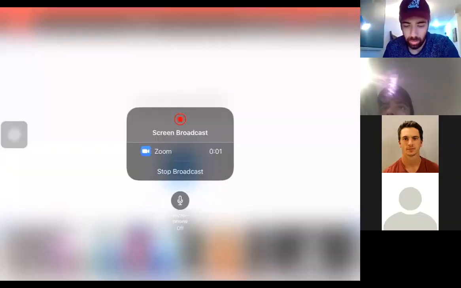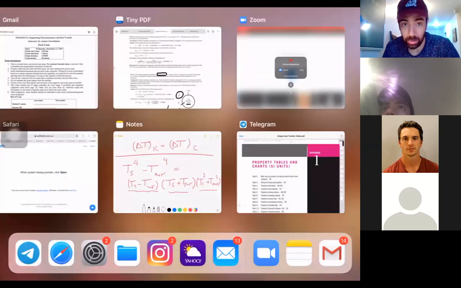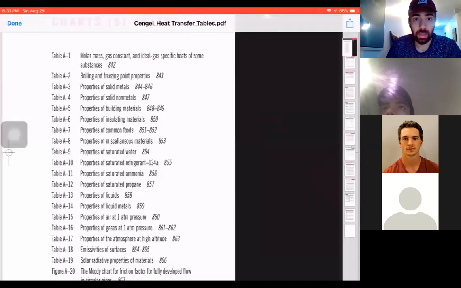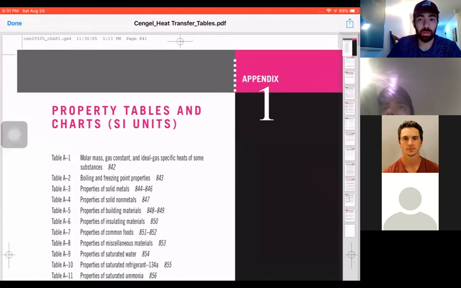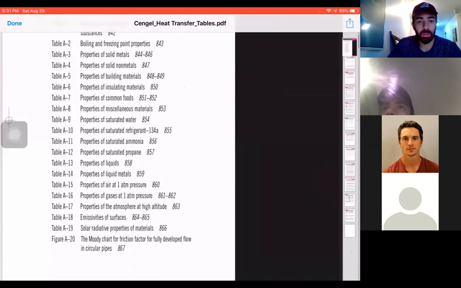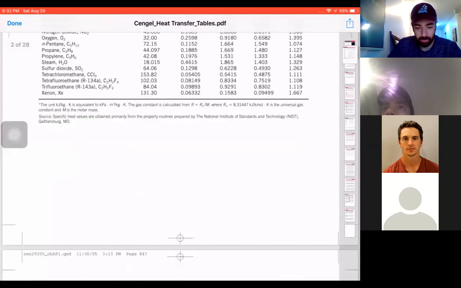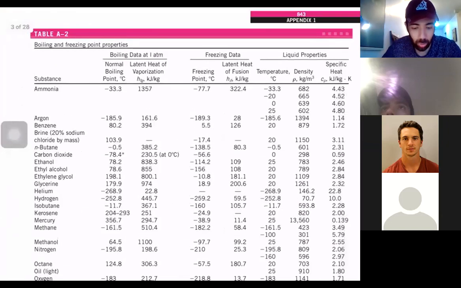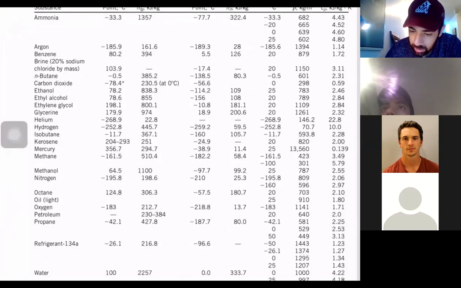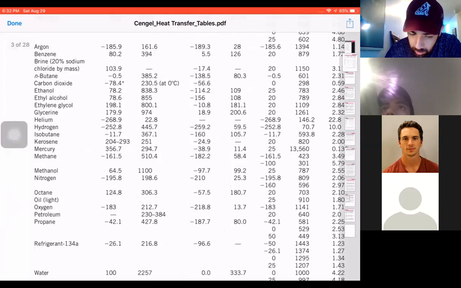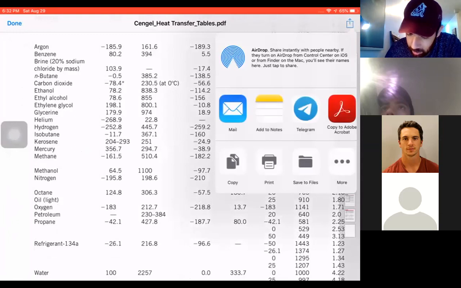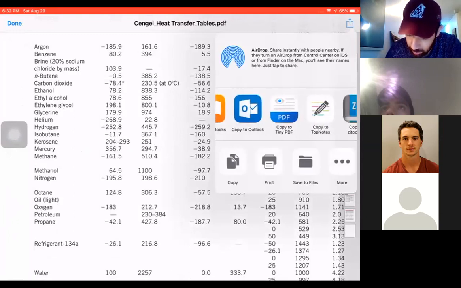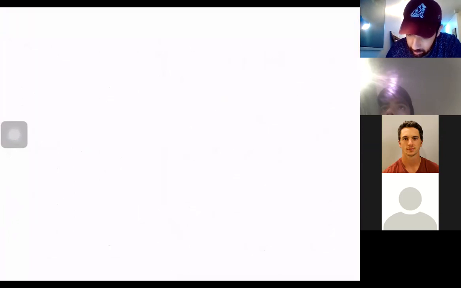So, if you go to the appendix of Cengel book, in the first appendix, the second table here, you have the boiling and freezing point properties for the nitrogen. Let me open it in another editor where I can use my pen.